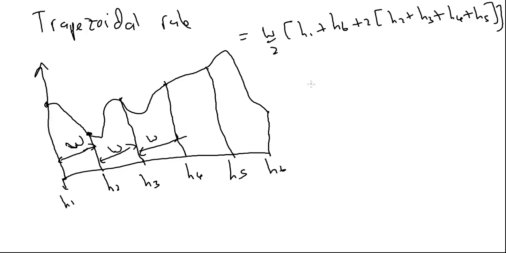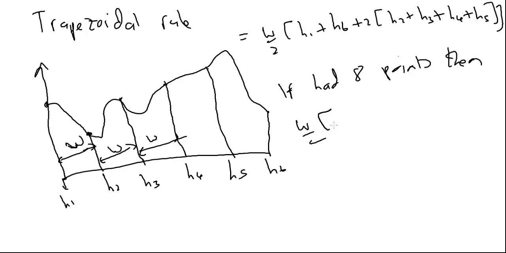So if you had, say, 8 points, then it's W over 2 times H1 plus H8, because they're the initial and final points, which are not doubled, and then 2 times the rest.